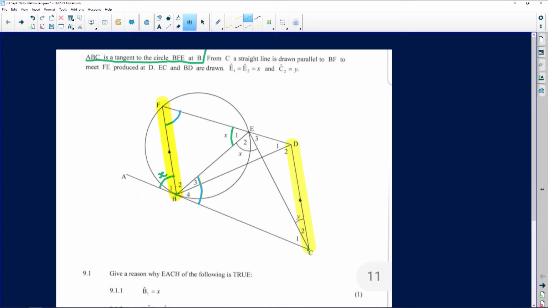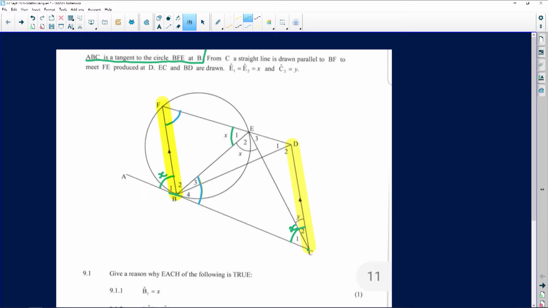So this line is parallel to that line. Folks, now you can see here that AC is a transversal. So this whole angle here at C, C1 and C2, is also an X. Why is that the case? Well, the angles are correspondingly equal to each other.